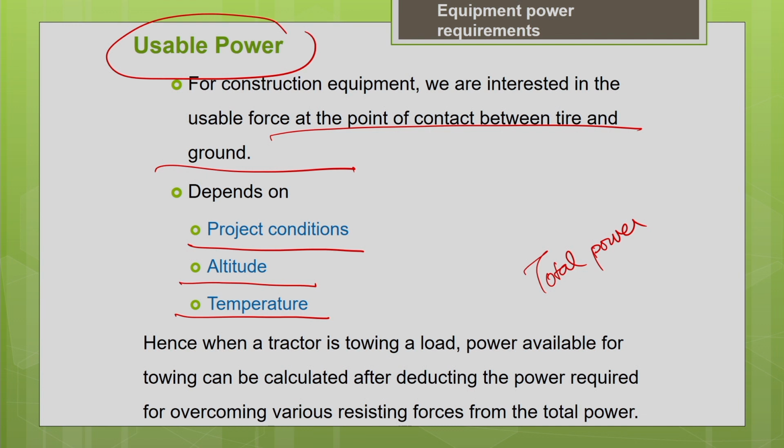You know all the resistances it has to overcome. So what is the rolling resistance, what is the grade resistance, everything you need to calculate. So from the total power, you deduct the power required to overcome the resistances at the project site.